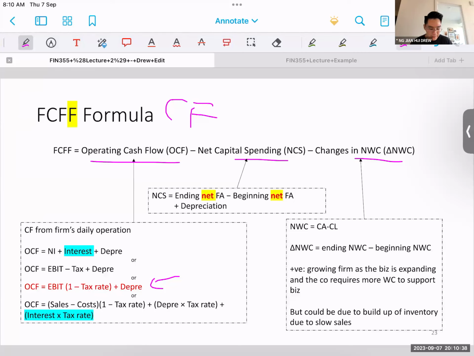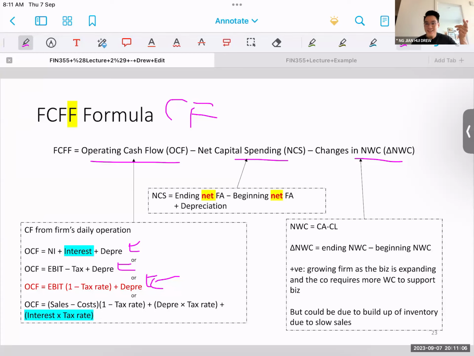What do you notice here? You notice that we always have to add back depreciation. Why? Because depreciation is a non-cash item. What does this mean? In your income statement, you have sales, you have expenses, and then you get your gross profit, and then you have some other expenses, and then you have your net profit. This is a very simple example.